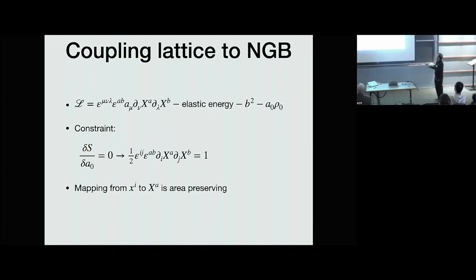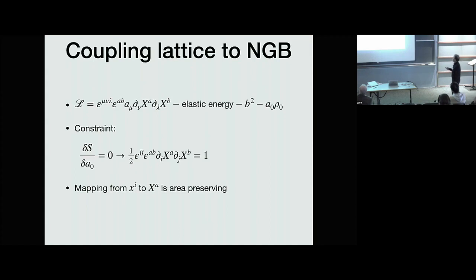So if we expand this expression to linear order in the displacement, we get back the information that the wave is transverse. But to nonlinear order, the information is the following: that the mapping from x to capital X is area preserving. So we want to parameterize all possible area preserving diffeomorphisms of a two-dimensional space.